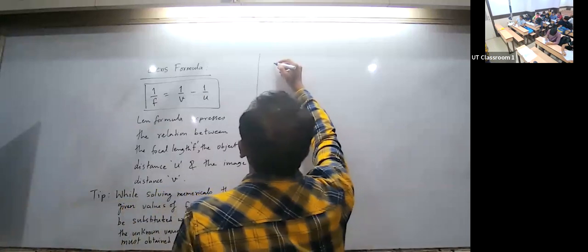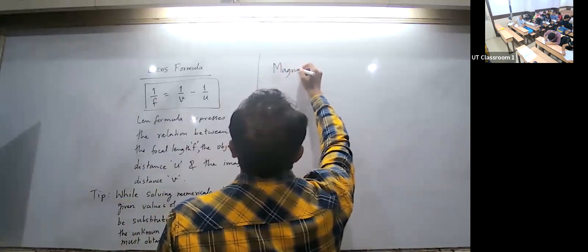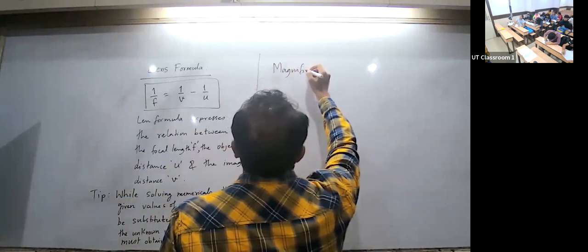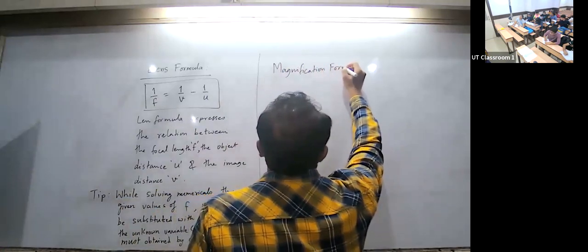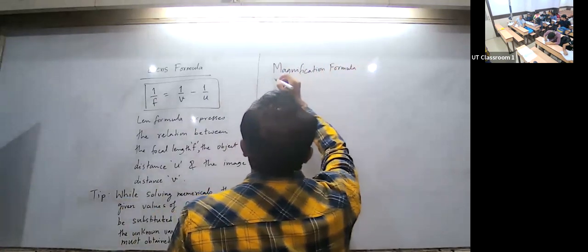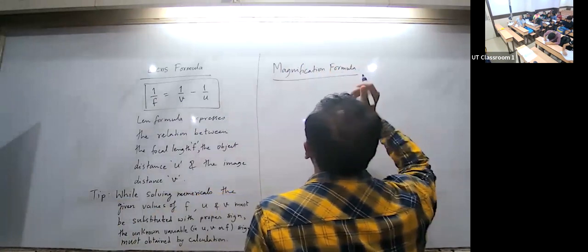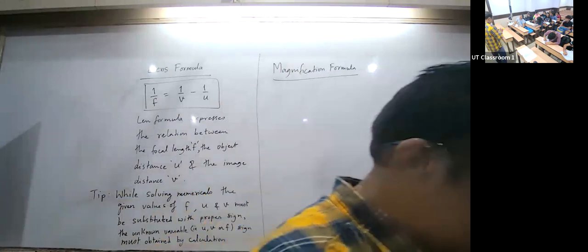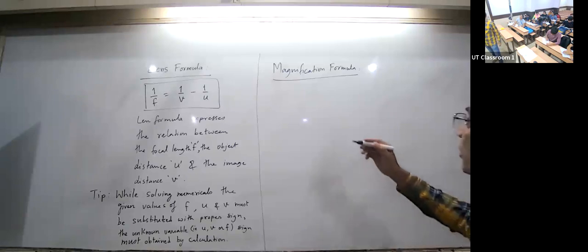So what is the magnification formula? In case of mirror, you might be aware already. It basically gives the size of image, right? Comparison of size of image with respect to size of object, or height of image with respect to height of object.